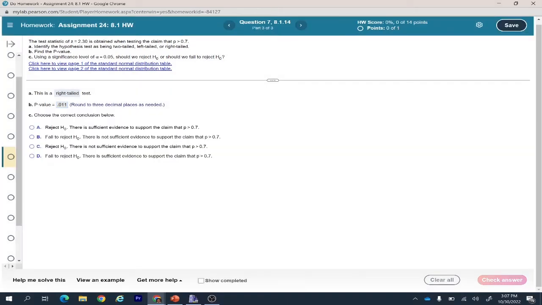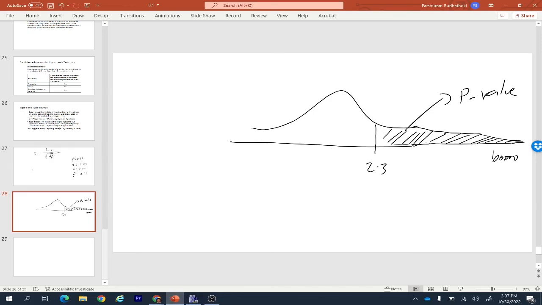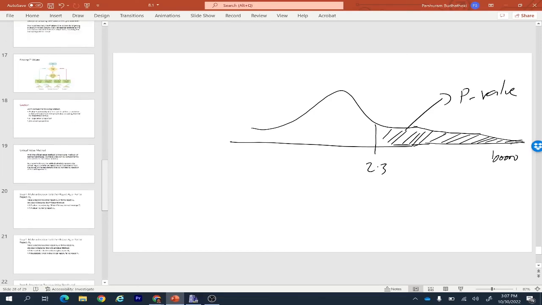Okay, now let's go to part C. Using a significance level alpha of 0.05, should we reject? If the p-value is less than alpha, yes, the p-value is less than alpha, then we should reject the null hypothesis. That is our conclusion from the p-value test.